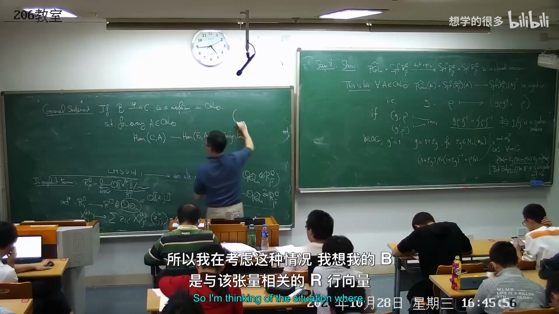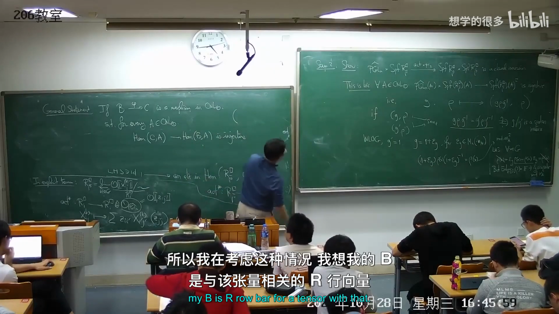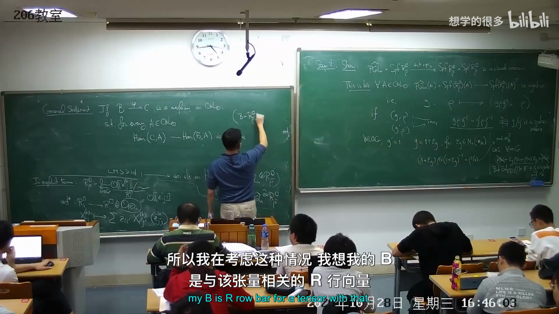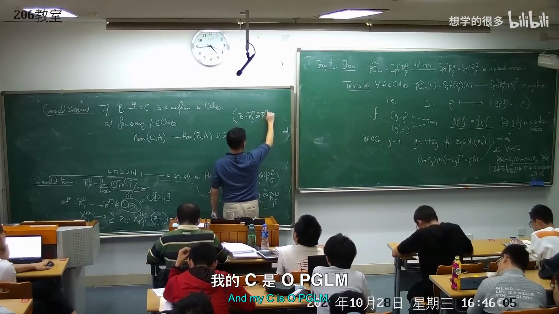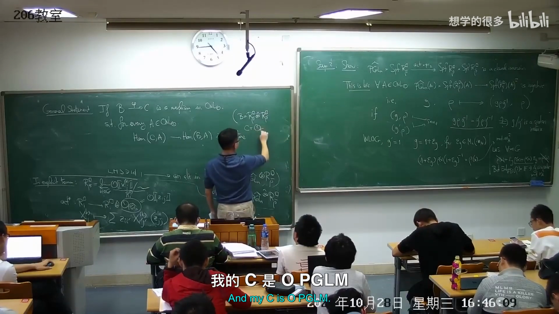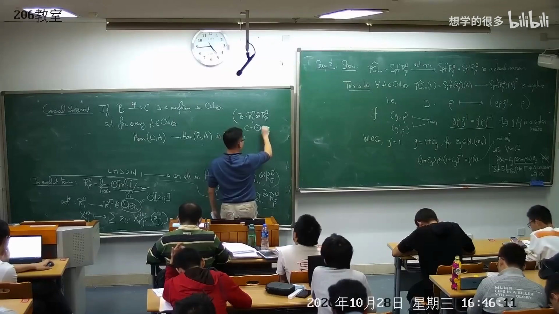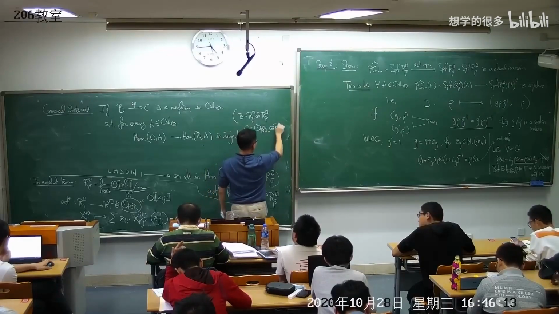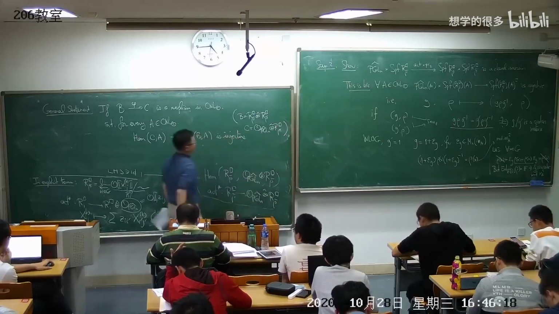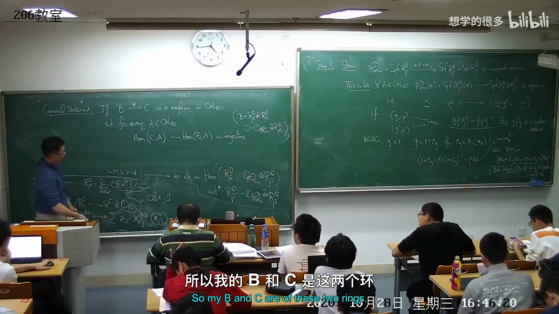So I'm thinking of the situation where my B is R rho bar flat tensor with that, and my C is O PGLN. So B and C are these two rings.